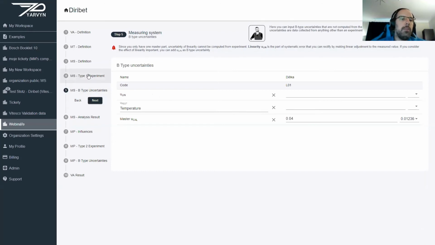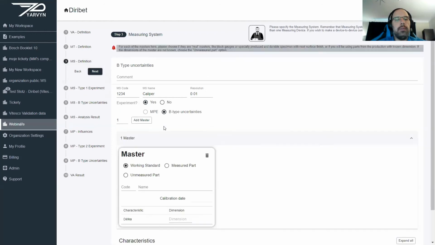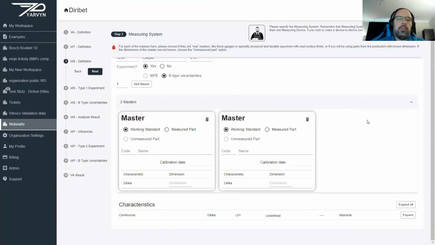A little bit special case is if you have exactly two masters, because if you have two masters, you can calculate linearity from the data, but the bias is 0. And why is the bias 0?